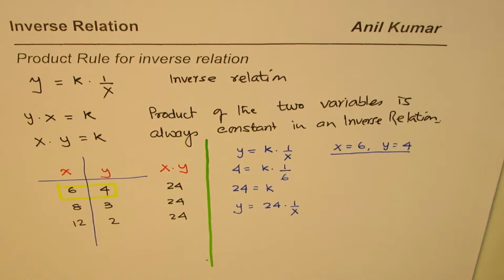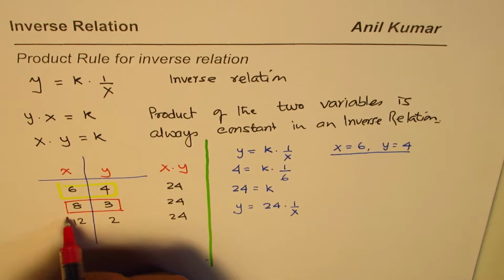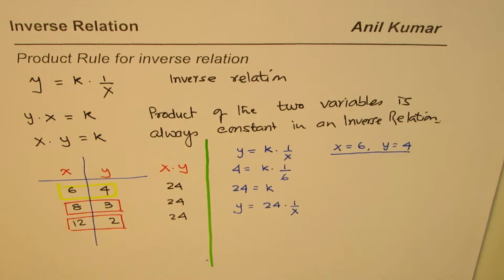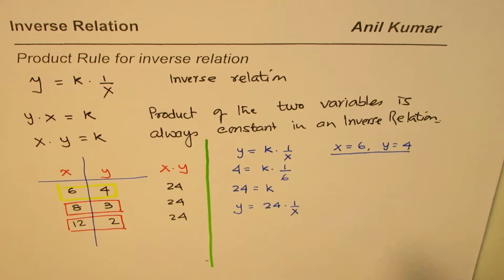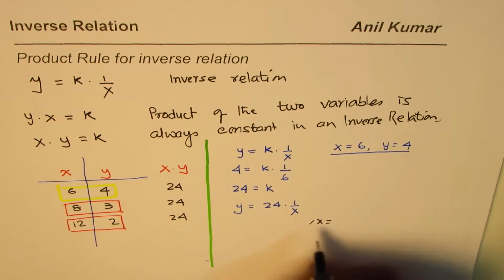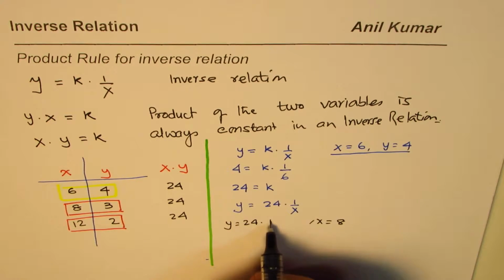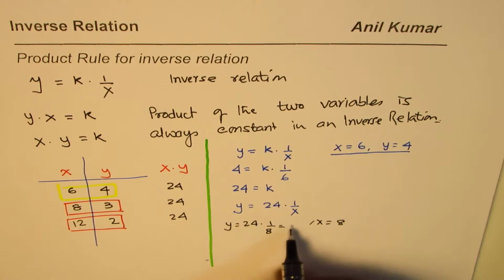Now, if this relation is good for the second point and the third point, then we can say all 3 points are in the same relation. So let's try it out. Substitute x equals 8 and see what I get. y equals 24 times 1 over 8. 24 divided by 8 is 3.